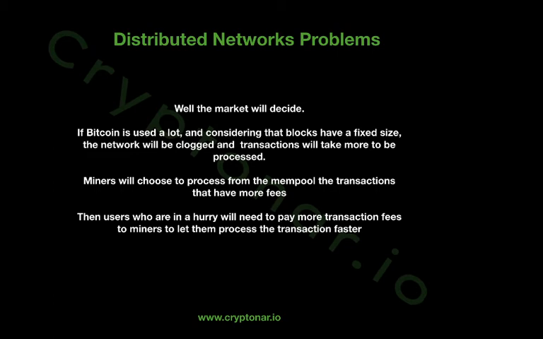If you're in a rush, maybe you are willing to pay, I don't know, 20 cents more to let a miner process it faster, because the miners, as we saw, see it from the mempool. What do I need to validate? This transaction has a lot of fees. This is a lot of reward for me. Let me take it before some other miner processes it and gets this reward.